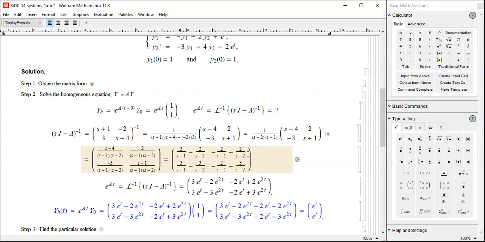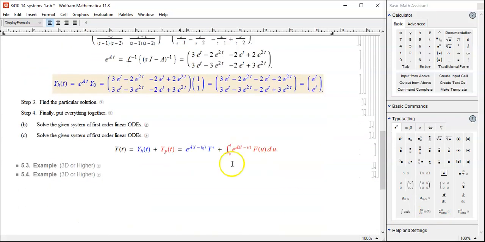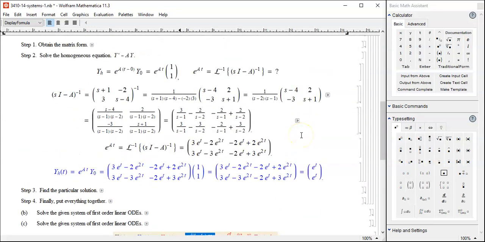Take it apart, decomposition by partial fraction, and then Laplace table, page 123. And then finally, exponential times y star. We get the solution of the homogeneous equation. Okay, blue part is done, and then we are going to add it up later.